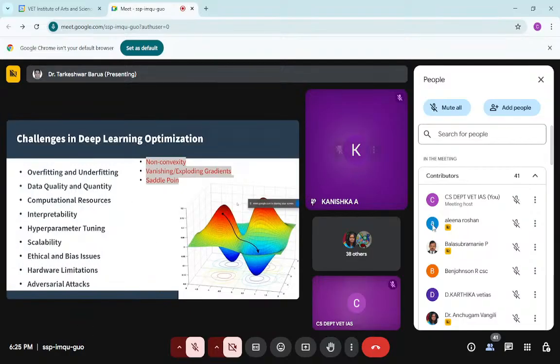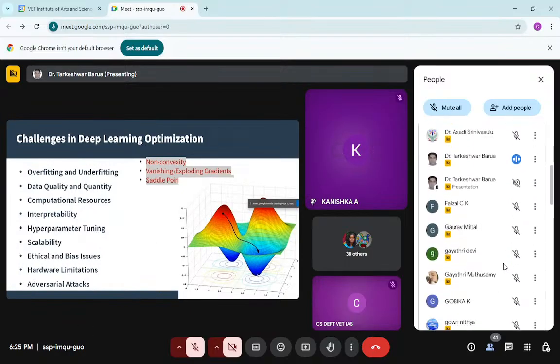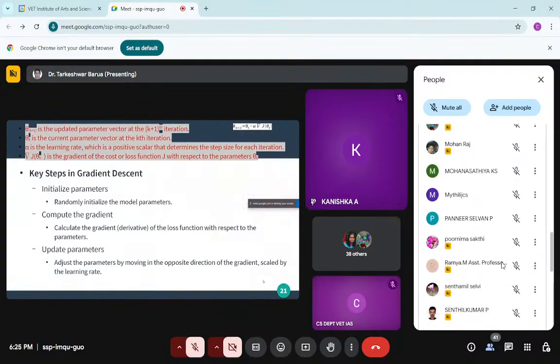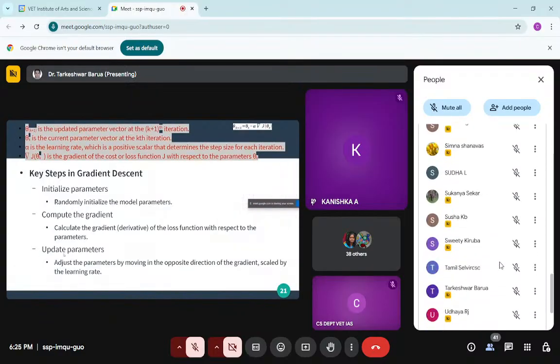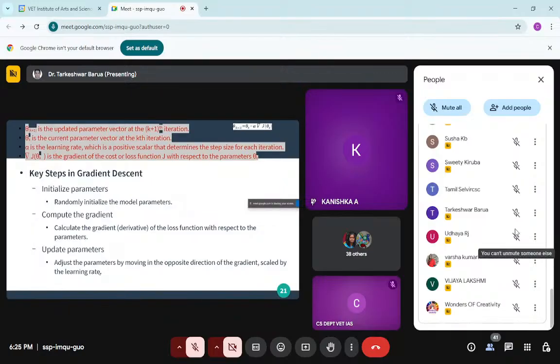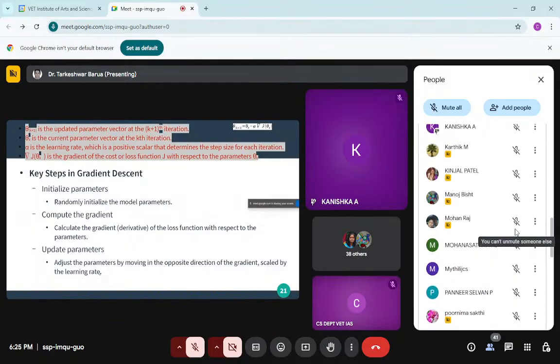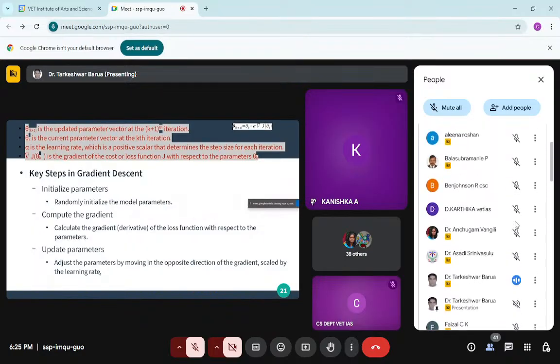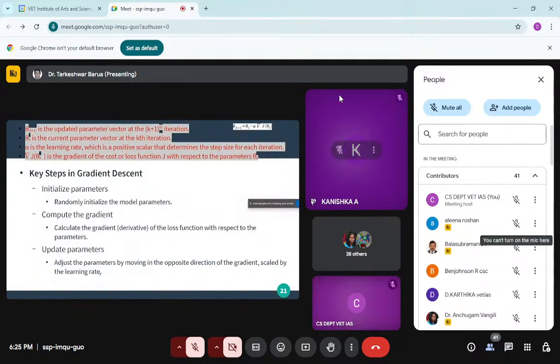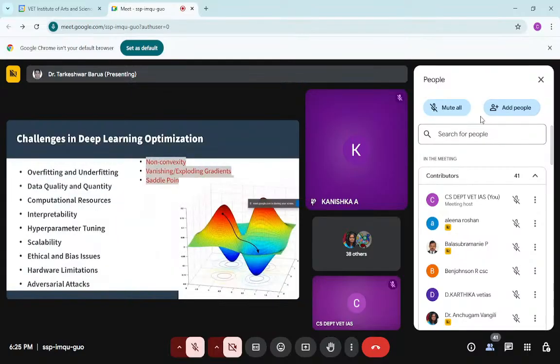This is the topmost and this is the lowermost. We need to update the parameters to minimize this gap. So we adjust the parameters by moving in the opposite direction of the gradient, scaled by the learning rate. This is how we can improve the performance of our model.